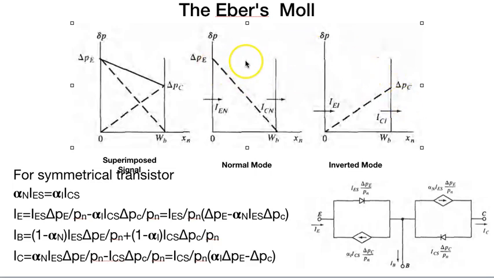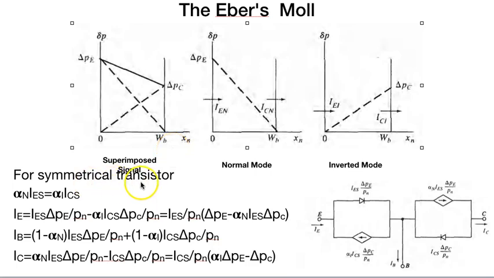As you compare with the earlier, the number of charge carriers is quite less. If you superimpose both the modes, normal mode and inverted mode, you can see in this image that there is a decrease in charge carriers from del PE to del PC over the base width WB.